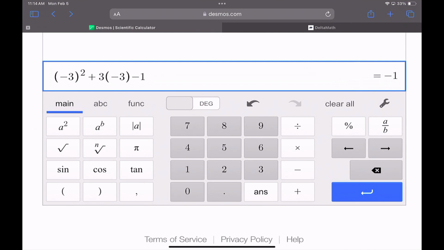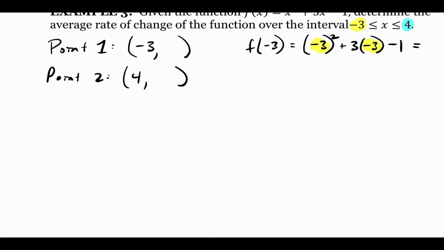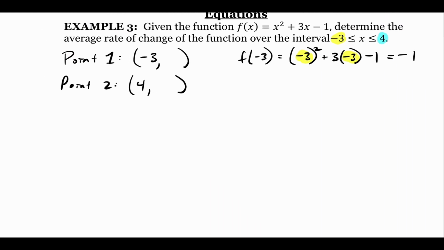When I do that, I get negative 1. So the y value for negative 3 is negative 1. So to start, the starting dot is at negative 3, negative 1. Left 3, down 1.